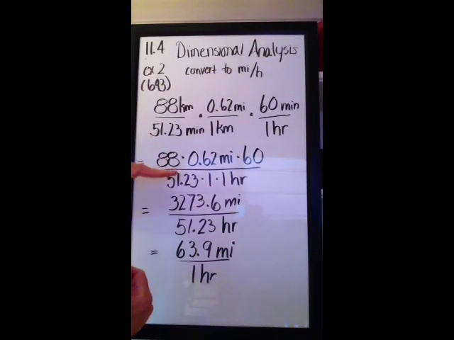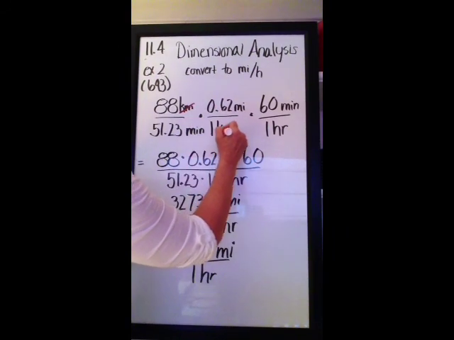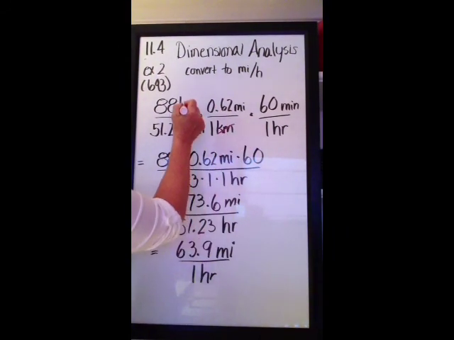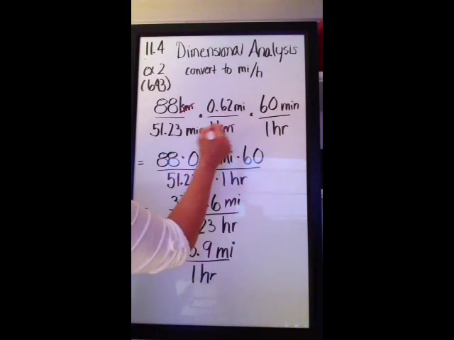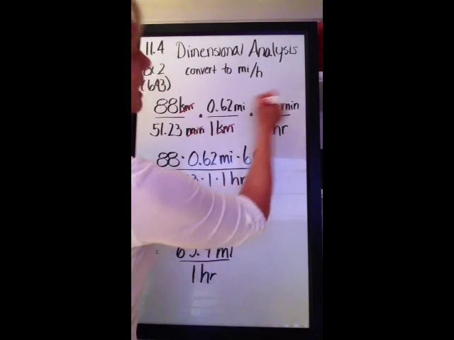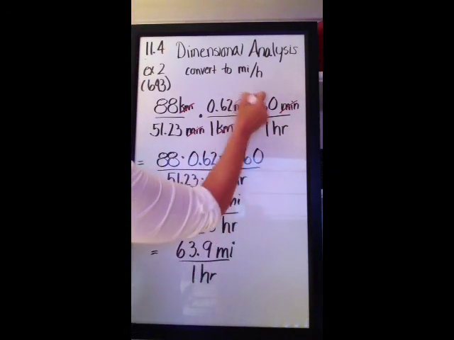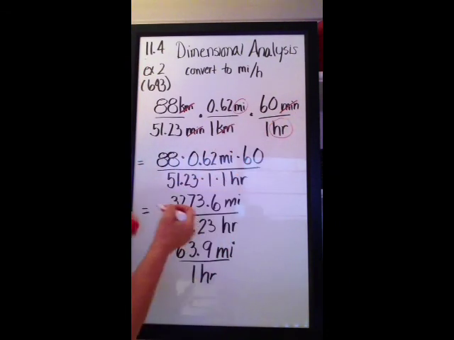All right, so I'm going to cancel the units that I can cancel. Kilometers in the numerator here, kilometers in the denominator here. Minutes in the numerator here, denominator here, and minutes in the numerator here. So I'm left with miles and hours, and that's what I want.